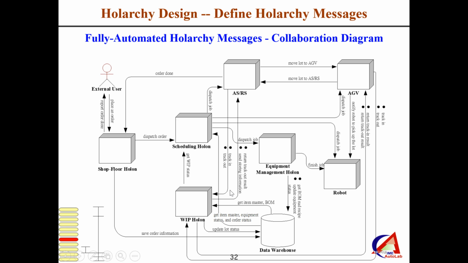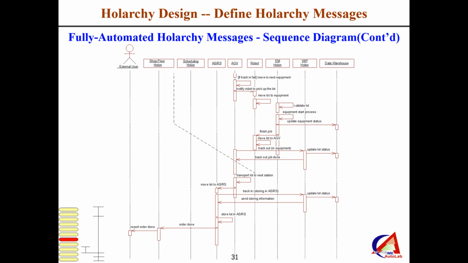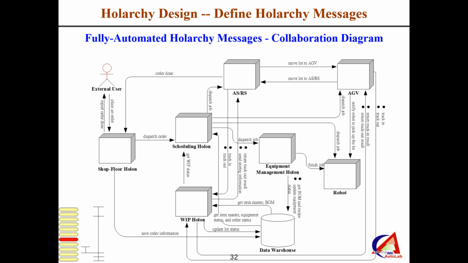So after you finish the design of the sequence diagram, then you can use the UML tools to convert the sequence diagram into the collaboration diagram automatically. So this will show you all the framework messages.